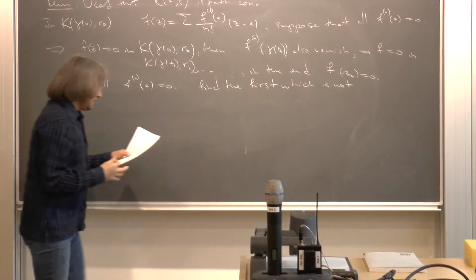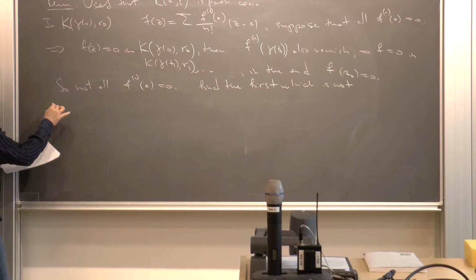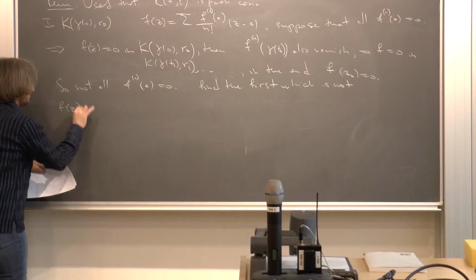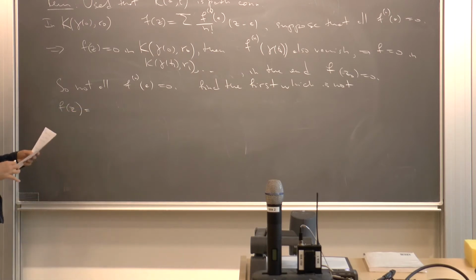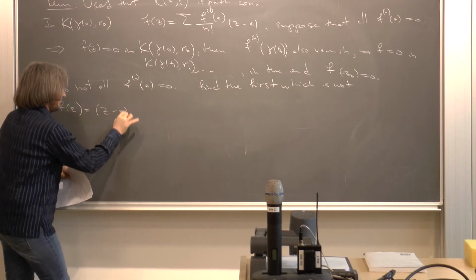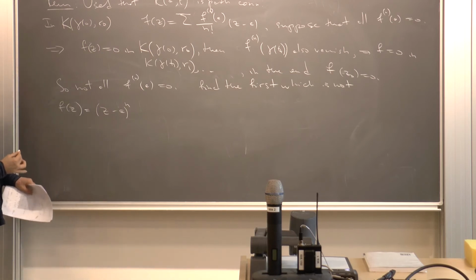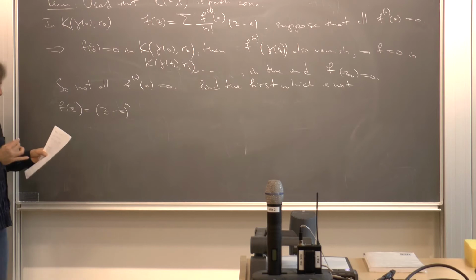And this will be our n. So we'll write that f of z, I'm just rewriting the Taylor series, I'm taking this power out of the bracket.